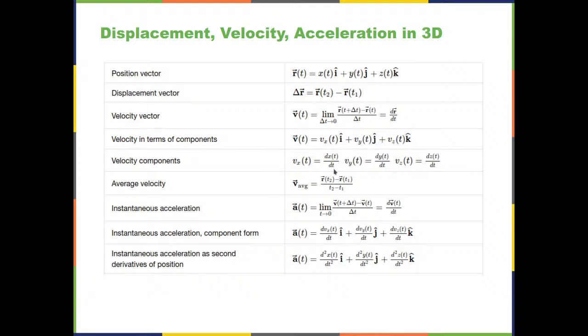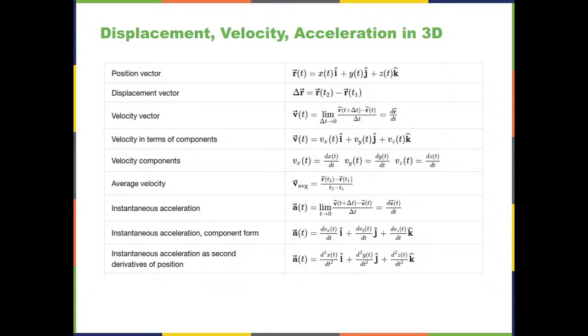Each of them are individually the time derivatives of the x, y, and z positions. So that gives us these formulas. And then, of course, the average velocity is the displacement between time 1 and time 2, over the elapsed time between time 1 and time 2.